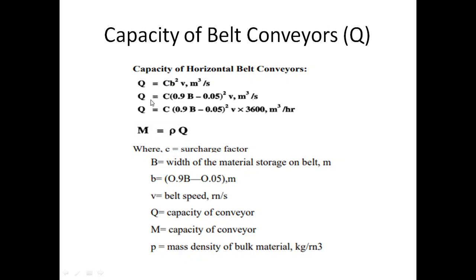And Q is the capacity of the horizontal belt conveyor, meter cube per second. Then you will get the unit kg per second. Rho is the mass density of the bulk material, given in kg per meter cube. M is the mass capacity of the conveyor.